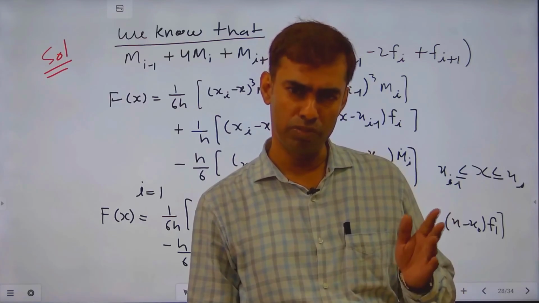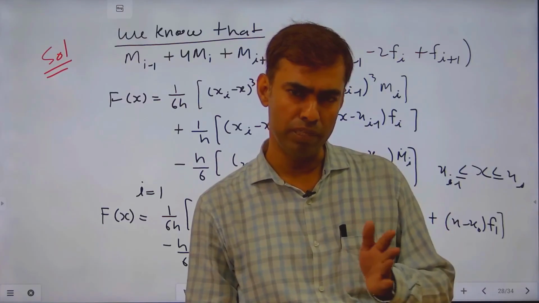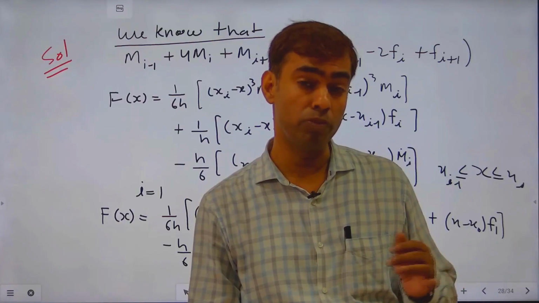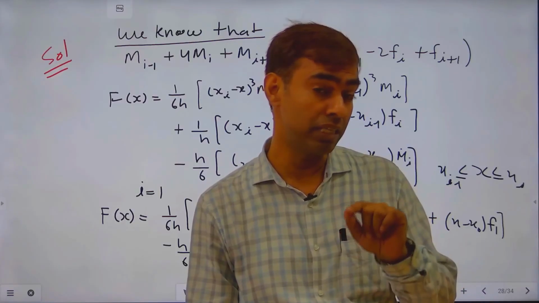Once we find the values of m1, m2, m3 up to mn, how do we find m0 and mn? Using the condition of a natural spline.